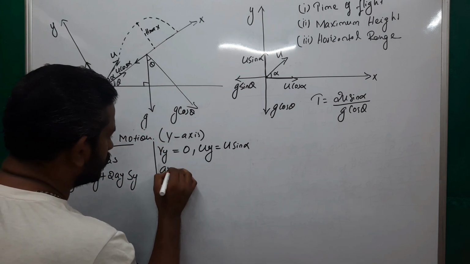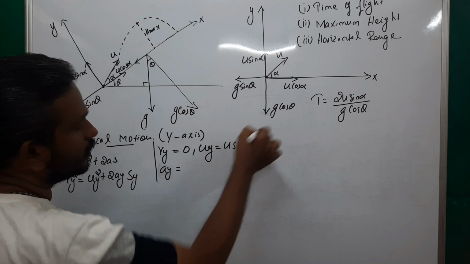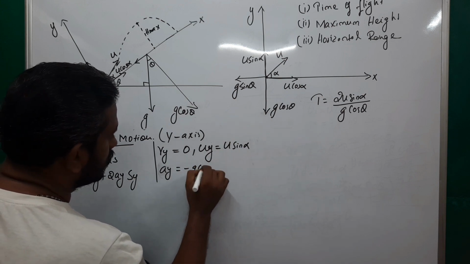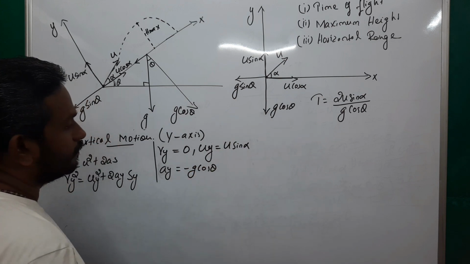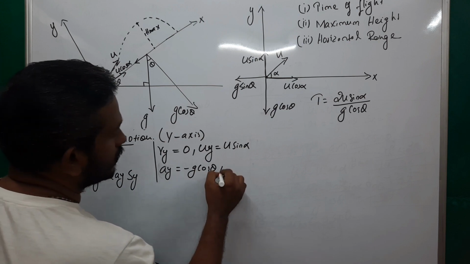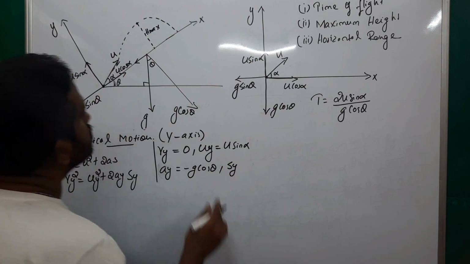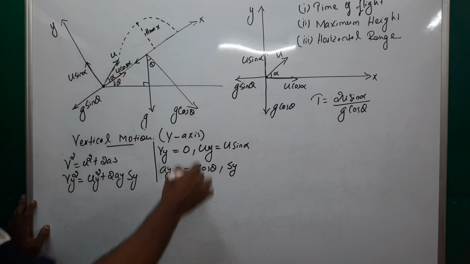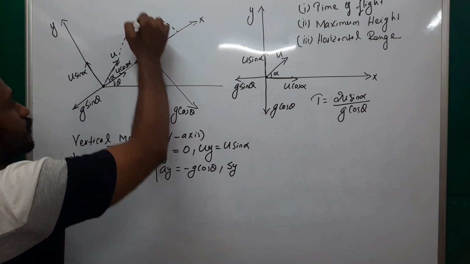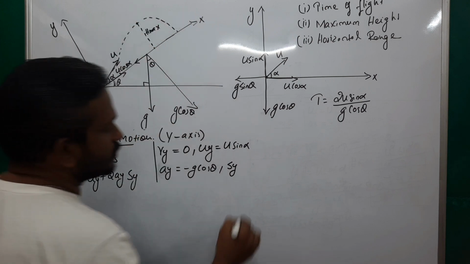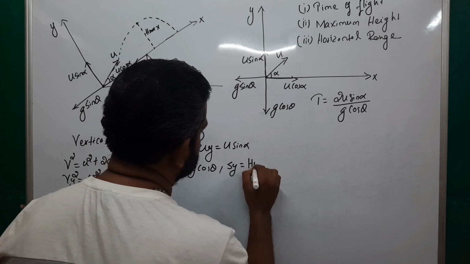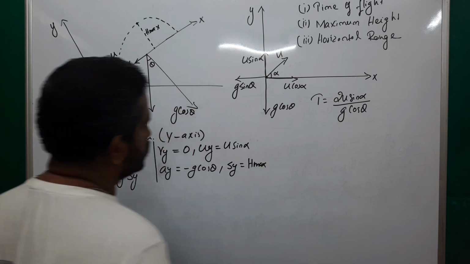Ay, the vertical acceleration, is equal to minus g cos theta. Sy is the displacement when the projectile reaches this point, so Sy is equal to h max.